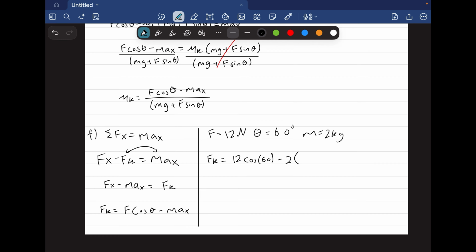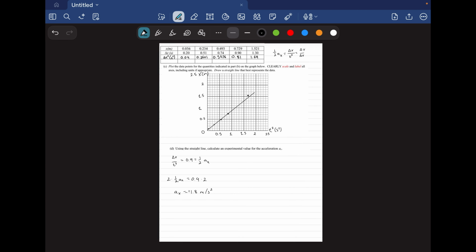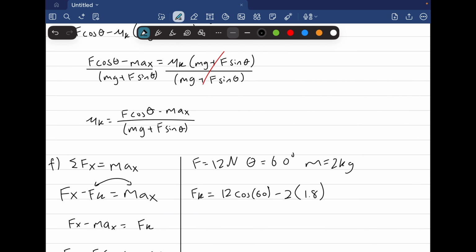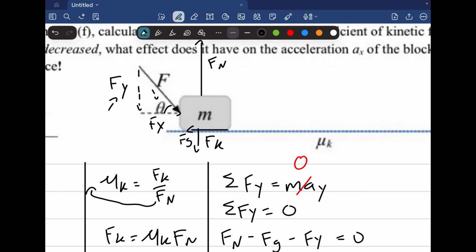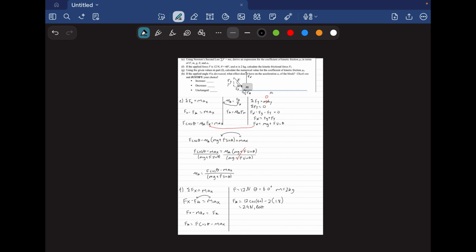And earlier, we found a_x to be 1.8, right? Which would give us 2.4 Newton pointing to the left, right? Because it's moving to the right, so Fk has to oppose it by pointing to the left. So that's part F.